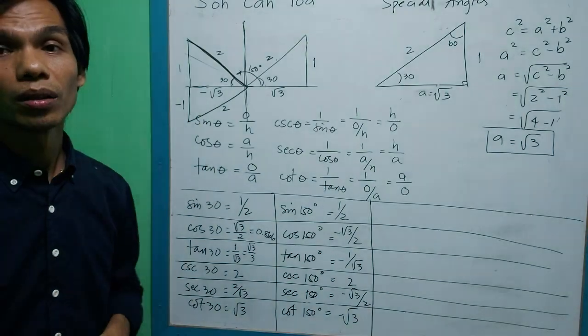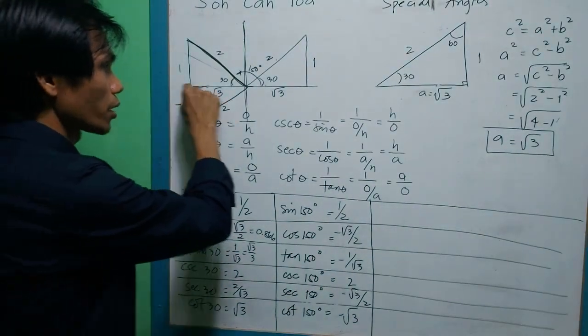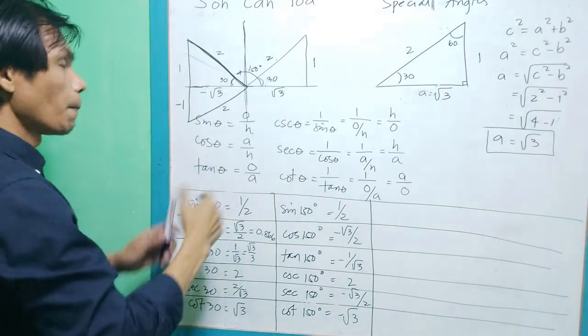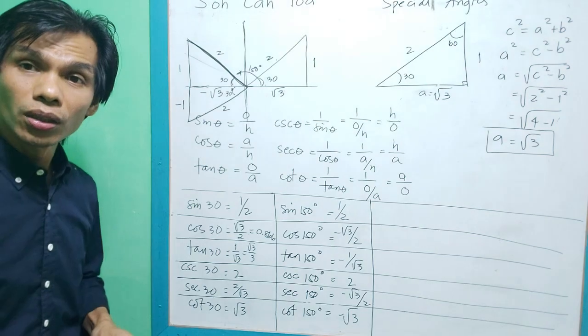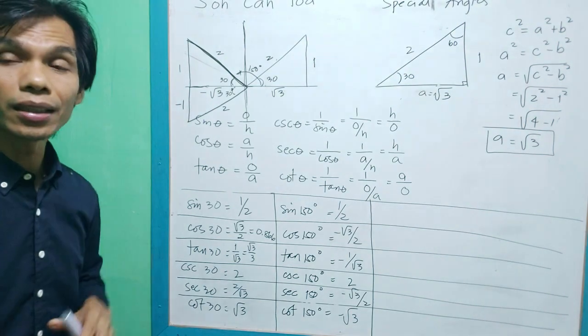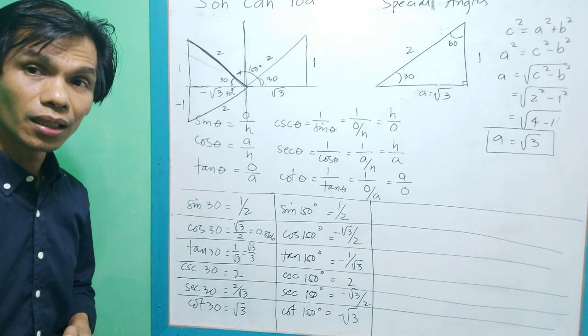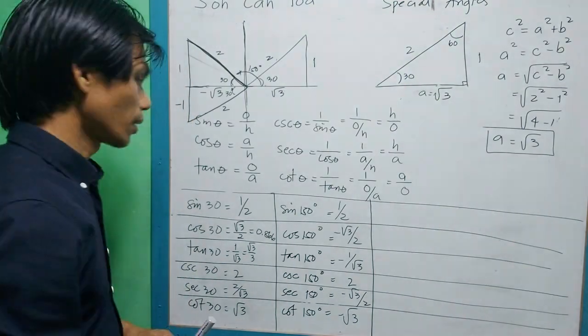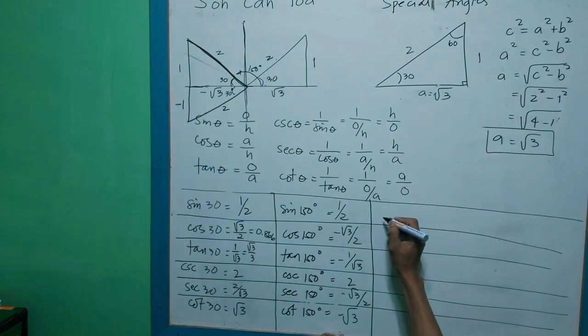Anong angle to? Titingnan ninyo, isang buong line yan, 180, plus, nag-add ka ng 30 degrees dito. Kung nag-add ka ng 30 degrees, anong angle yan? So, 180 plus 30. So, that is 210. 210 degrees. Ilalagay ulit natin dito.